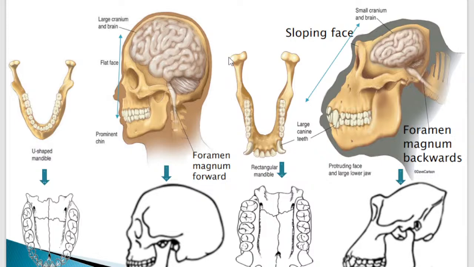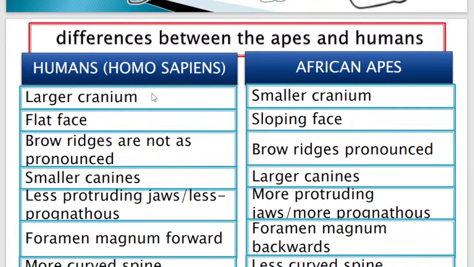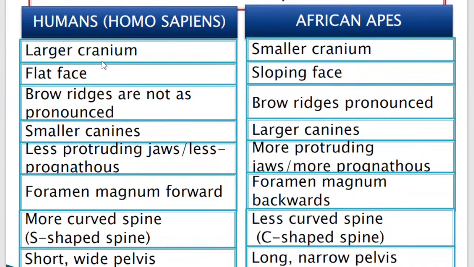Let me first go through this, then I start to compare it with what I brought here. If you look at humans, they have a large cranium. I've talked about it, that these ones have a large cranium, while these ones have a small cranium. This one has a flat face, this one has a sloping face. I've explained this.